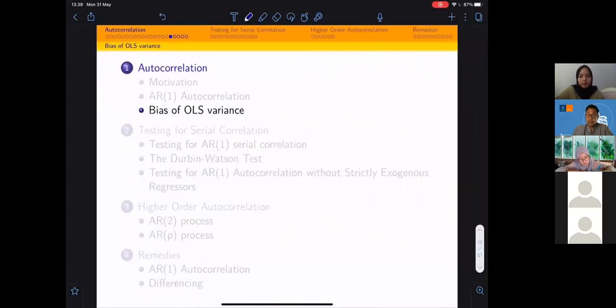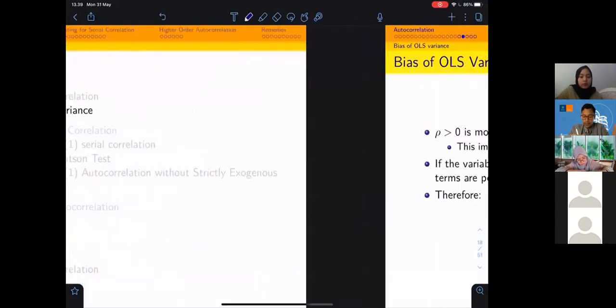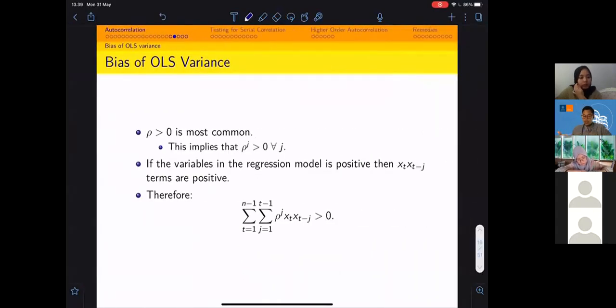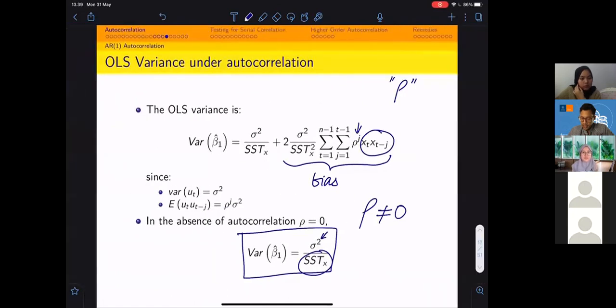Now we're going to dig deep into the bias of the OLS variance. In particular, we want to understand whether there's going to be a positive bias or a negative bias. Let's focus on this particular equation. Let me go back just a couple of slides. Why do we care about this portion of the estimate?